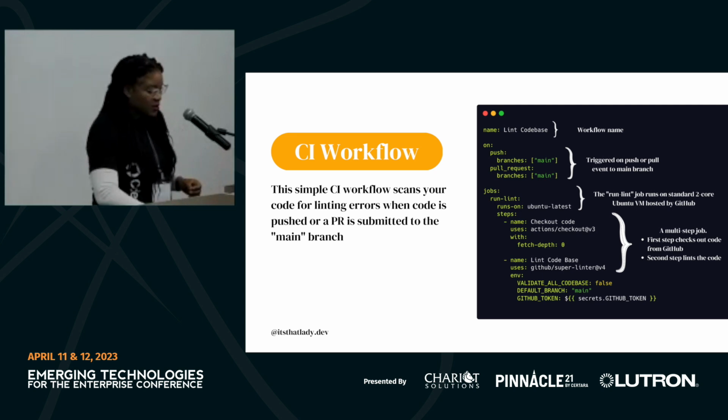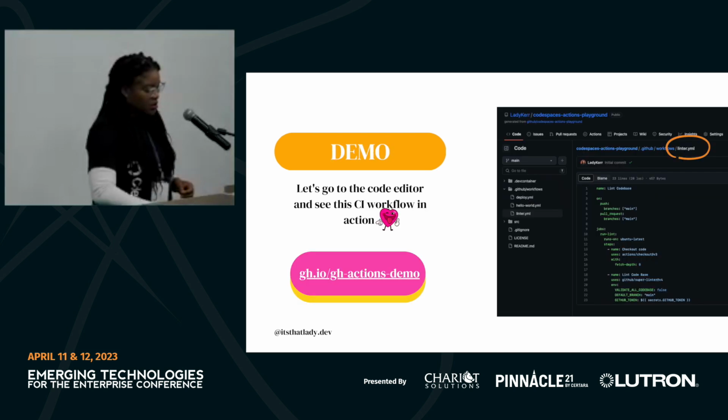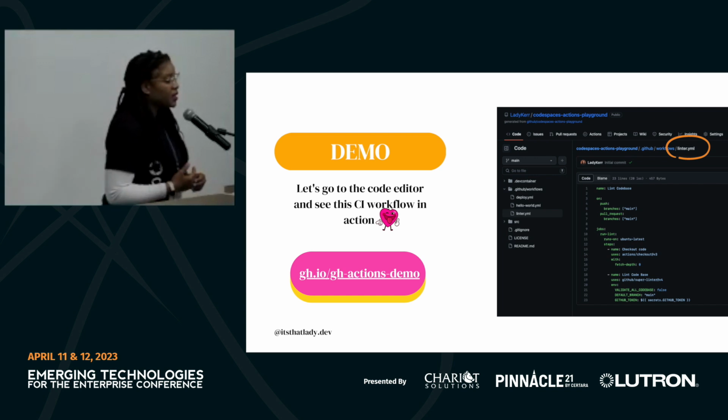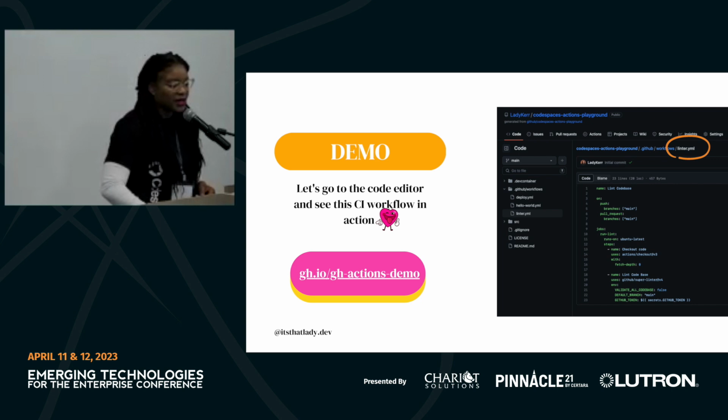So let's go to the editor and make a simple change. Also, if you go to this link, you can find the repository, and then we're going to go to the linter.yaml file.